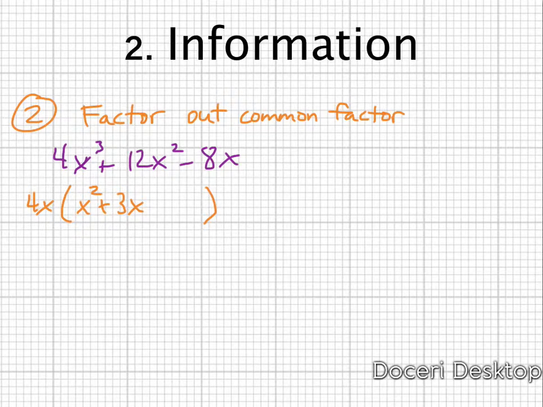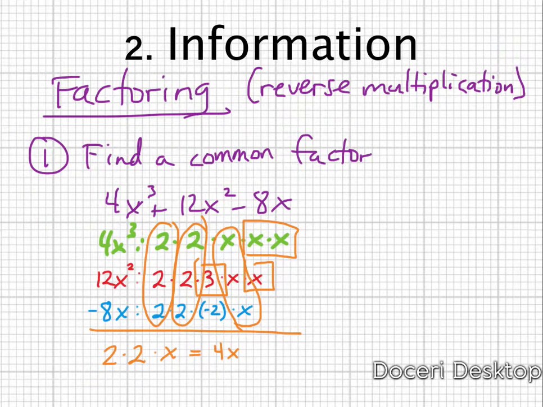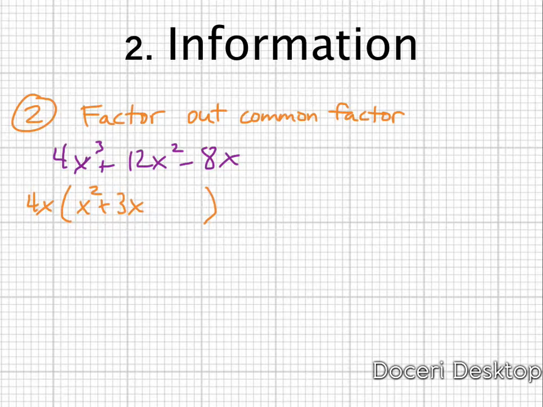And last but not least, how do I get negative 8x? Well, I have to multiply by negative 2. Negative 2 times 4 is negative 8, and then times x gives me negative 8x. So when you factor out your common factor, you're left with what you have remaining.